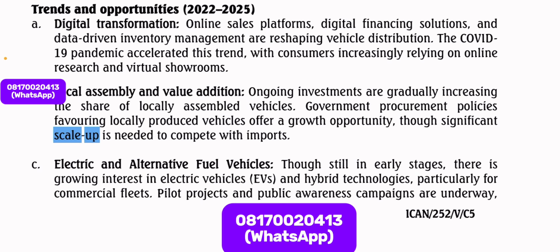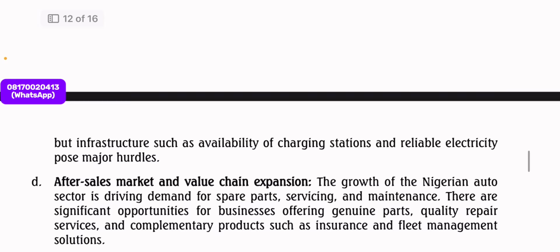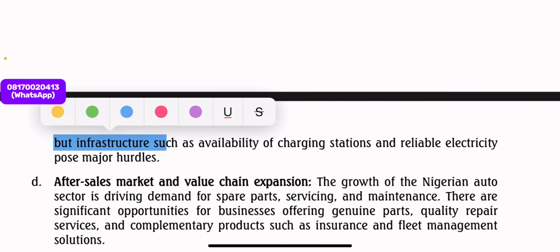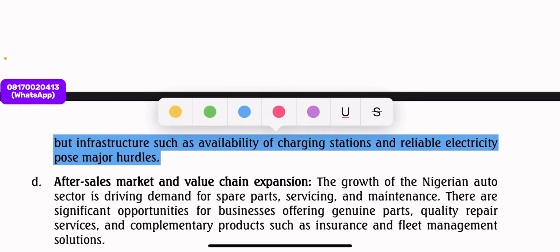So what's the feasibility of that happening? That's an issue that might be a constraint, you understand. But then they say they are trying to do it, but infrastructure such as availability of charging stations and reliable electricity have proven to be hurdles, like challenges. That's what they're just trying to say.